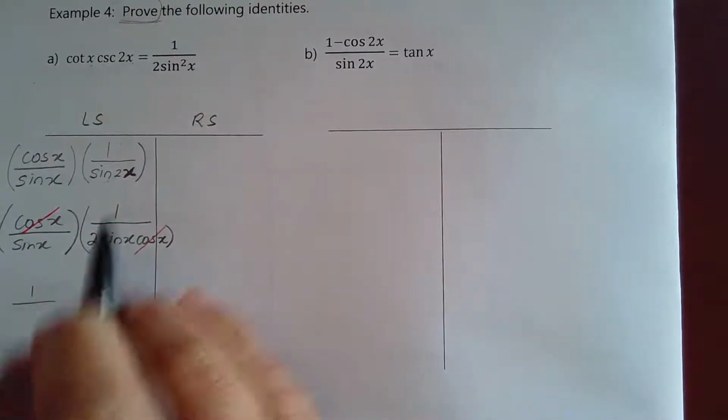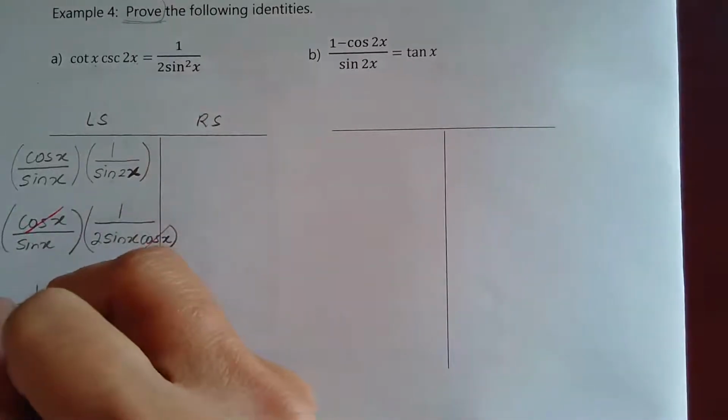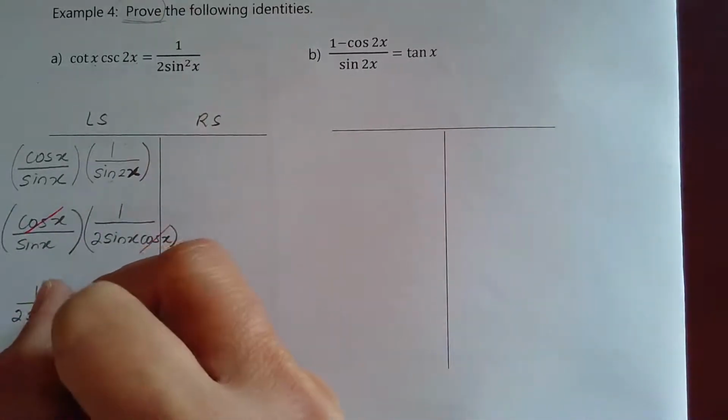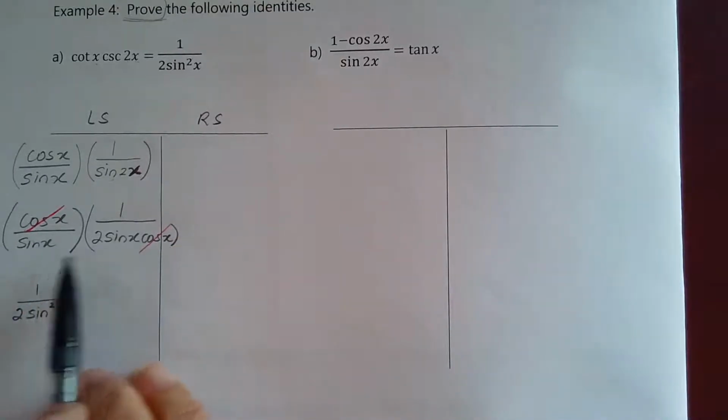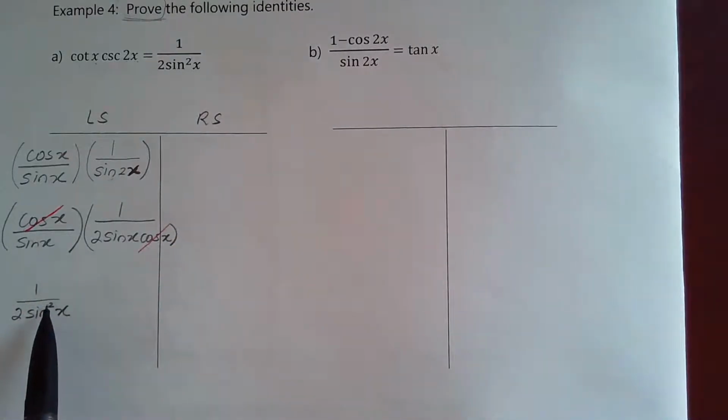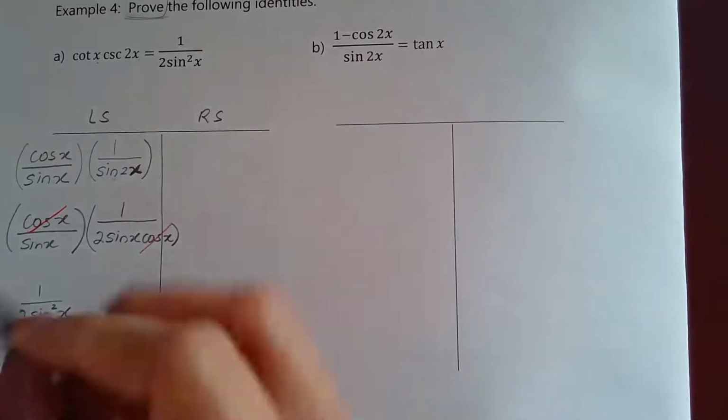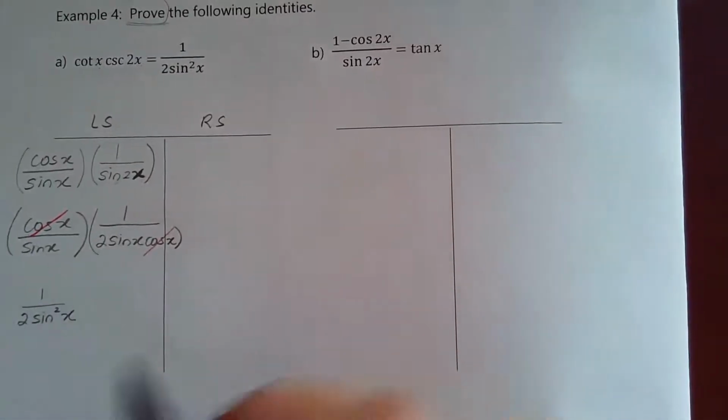That's going to give us 2 sine squared of x. Okay. We have to be careful here that we're writing down a square, not 2, not 2x, it's square of x.